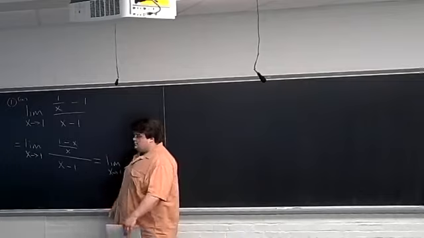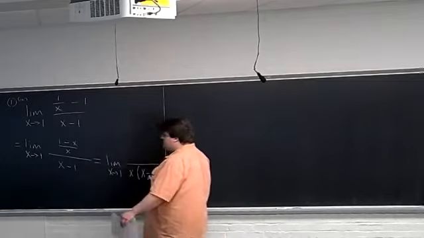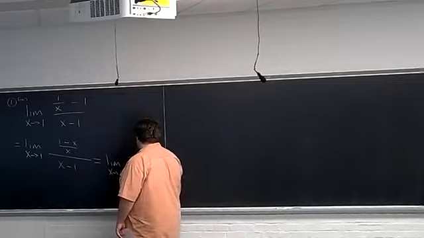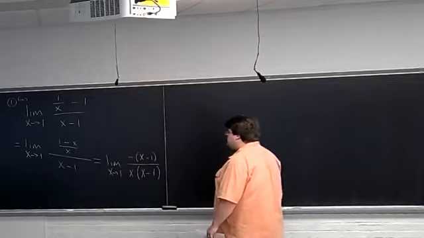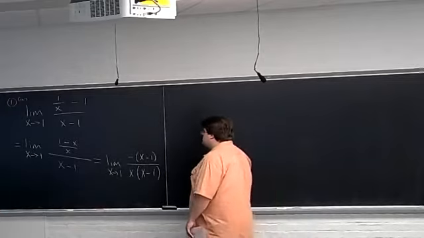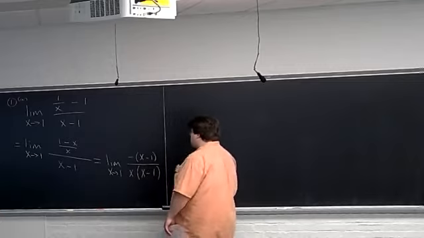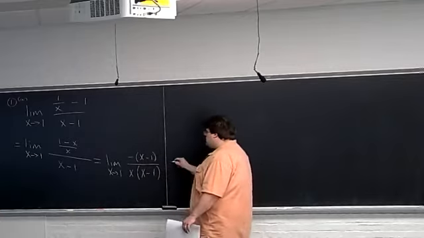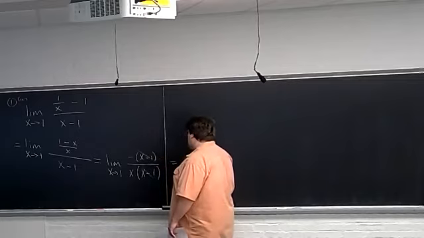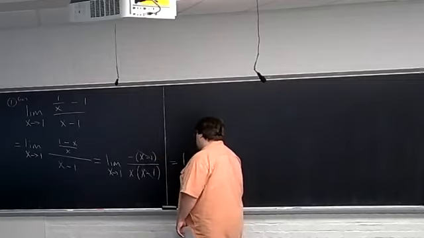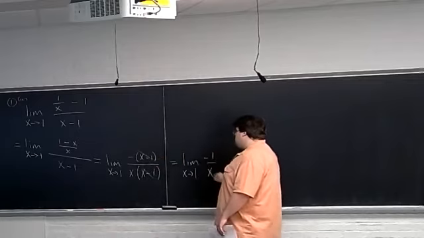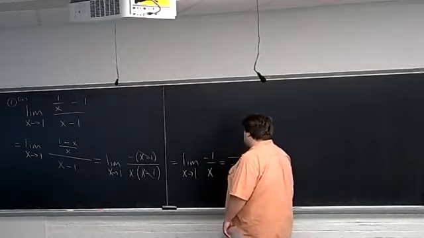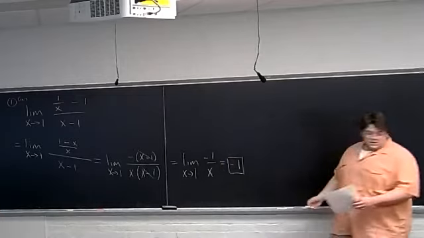But this 1 minus x in the top, we can factor out a negative and be left with an x minus 1 quantity, which will cancel with the other x minus 1. Limit as x goes to 1, negative 1 over x. Substitution now works. You get negative 1.